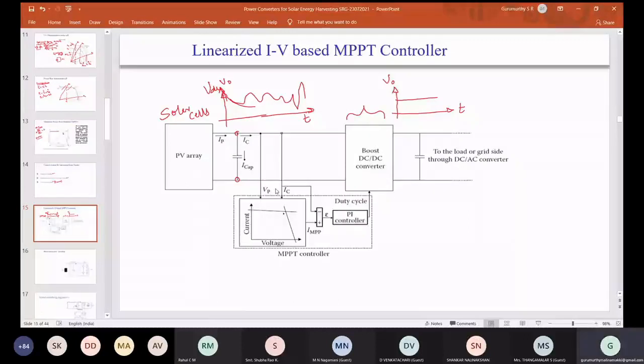Here you may see that the DC bus voltage and DC bus current are sensed into the control. This is the electronic controller.